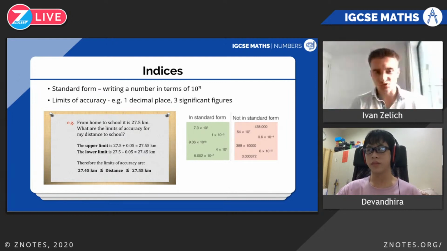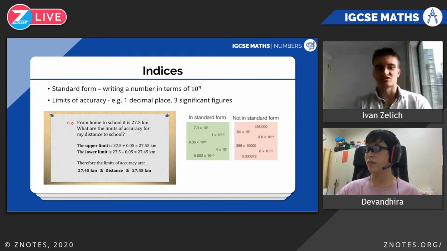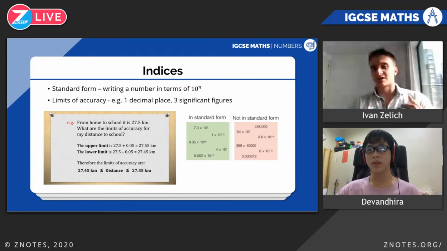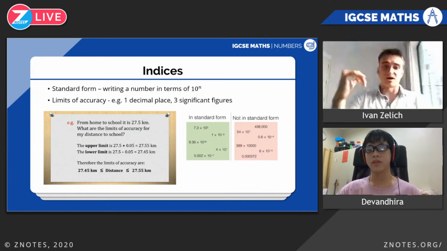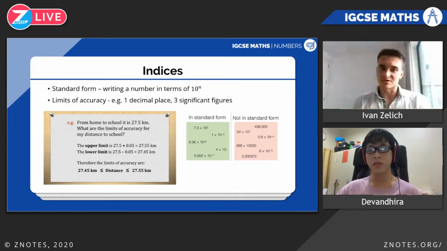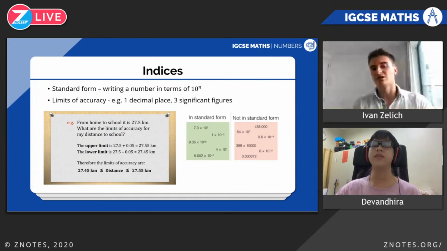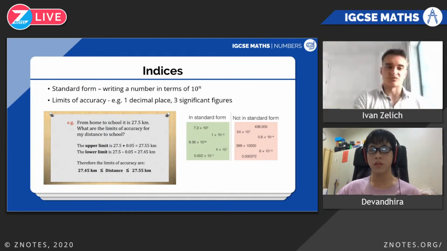Because we have a 0.5, our accuracy is to 1 decimal place. When we measure it, it could be either plus 0.05 or minus 0.05. We don't know, because the way you measured it might have been a bit off, so we give a little limit. This is why our distance can be 27.45 or 27.55 and anything in between, based on how well we measured it.